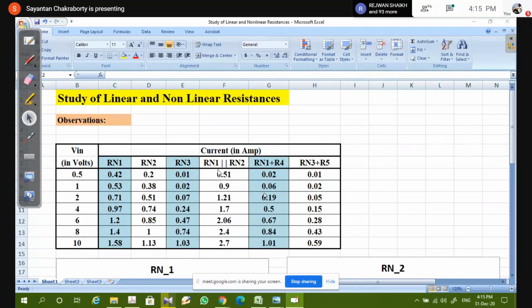Rn1, Rn2 parallel, you can obtain graphically, and then compare that with this experimental result. Similarly, Rn1 plus R4 you can obtain graphically and compare that with this experimental result. So there will be plenty of combinations that you can try.